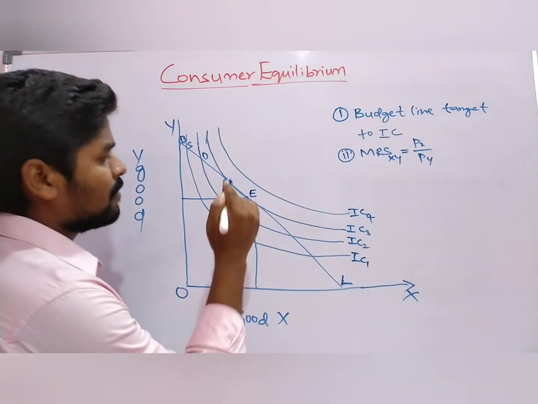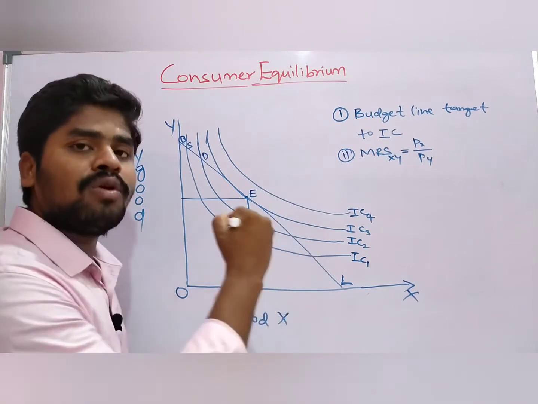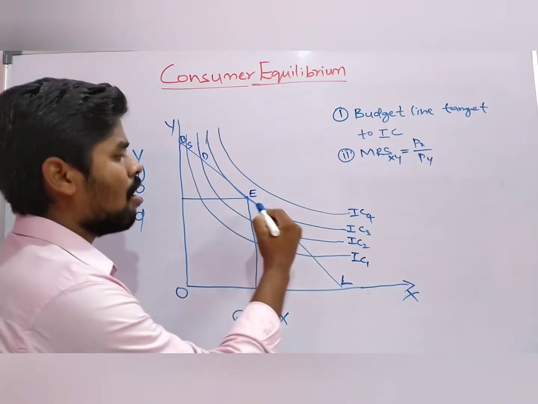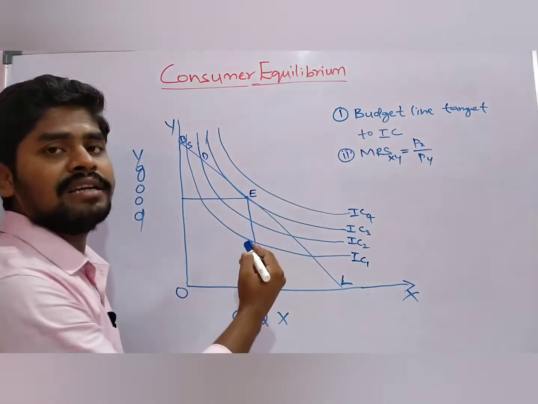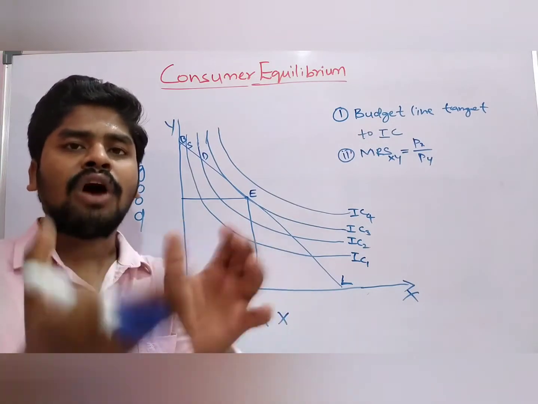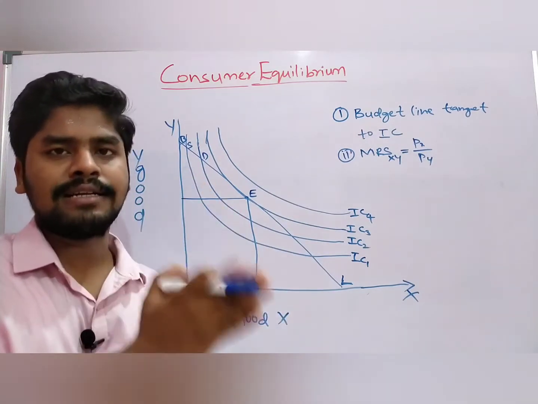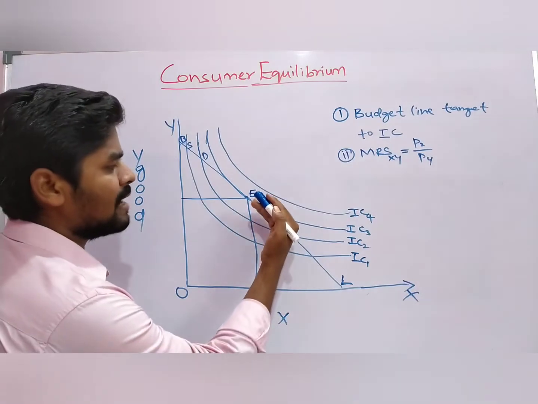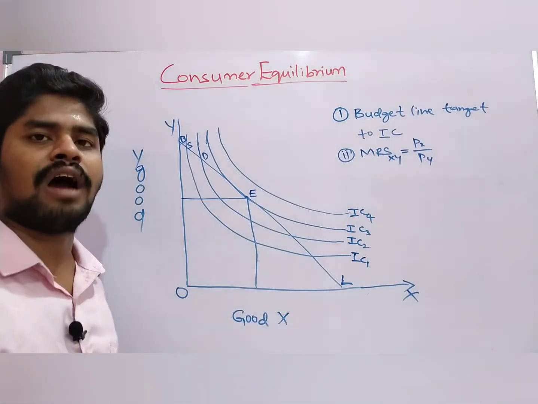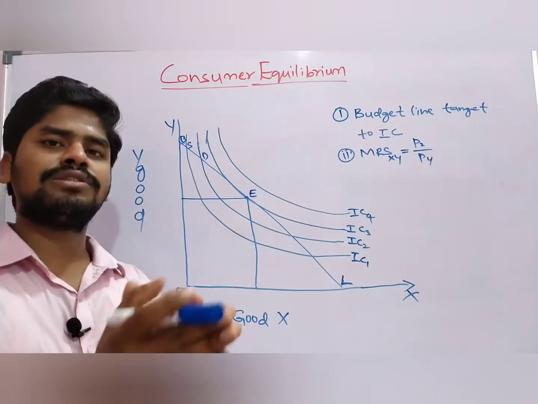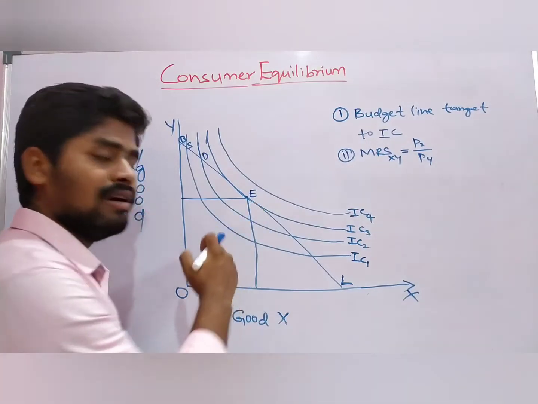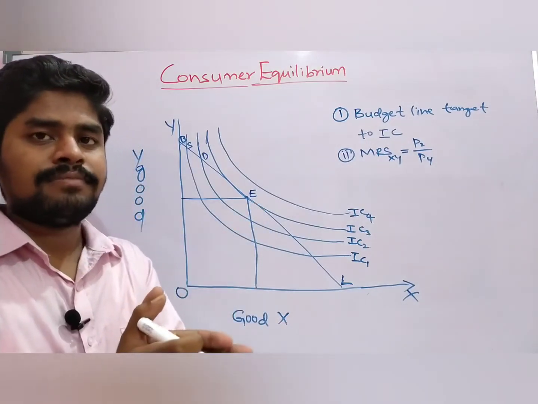So if the consumer tries to spend beyond the budget line, that is not equal to his income. If the consumer spends below the budget line, that is also not equal to his income. If it is below, there will be a surplus.